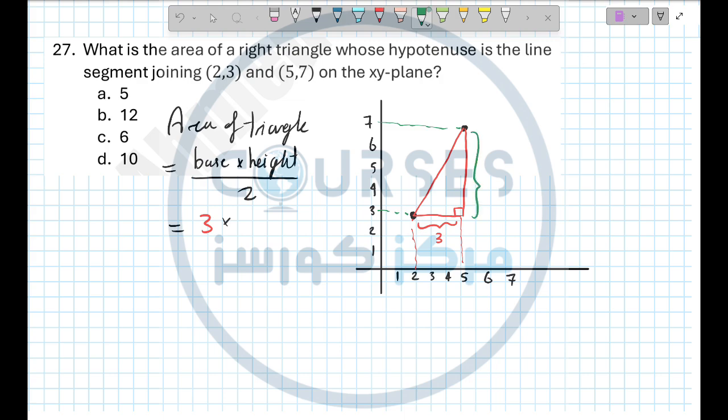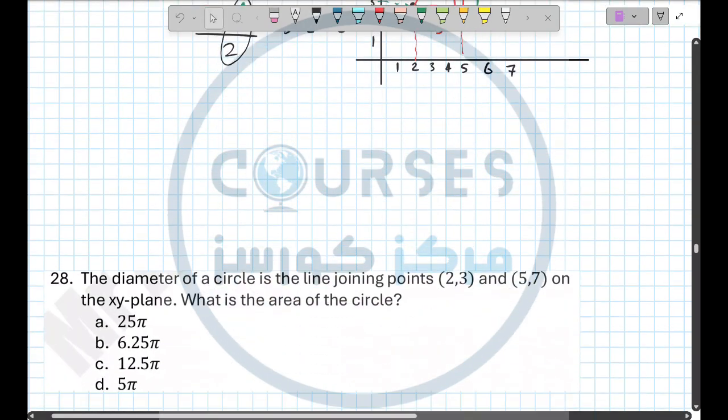So this piece is 7 minus 3, which is 4. So 3 times 4 over 2. 4 divided by 2, that's 2. So that's 3 times 2, which is 6. So the area is 6.